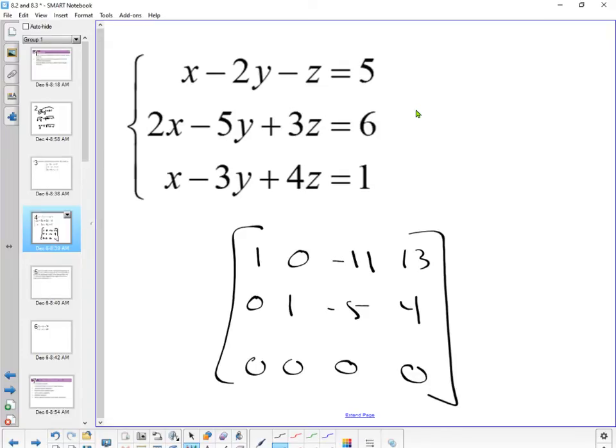Are any of those false statements? No, 0 is equal to 0. So this is definitely not false, right?